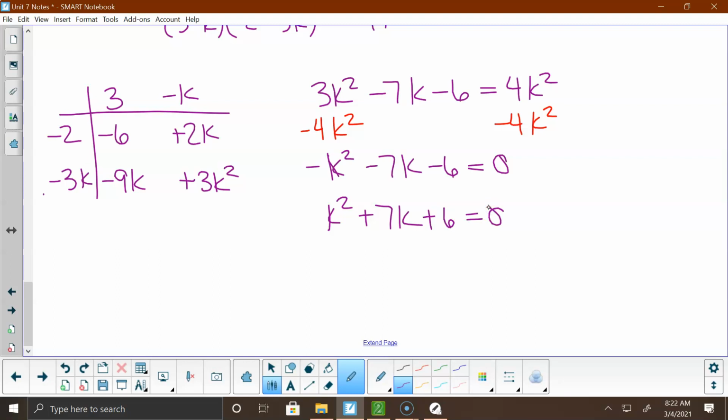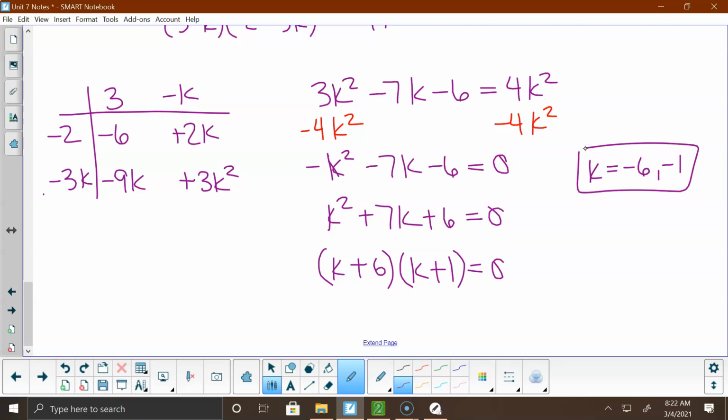Can I factor that? 6 and 1? So my solutions are going to be k equals negative 6 and a negative 1.